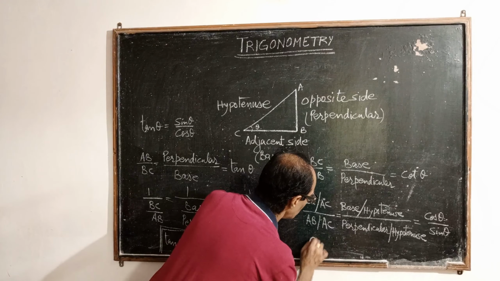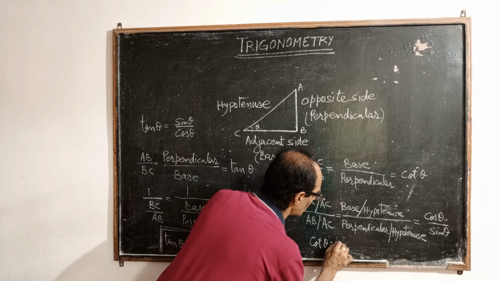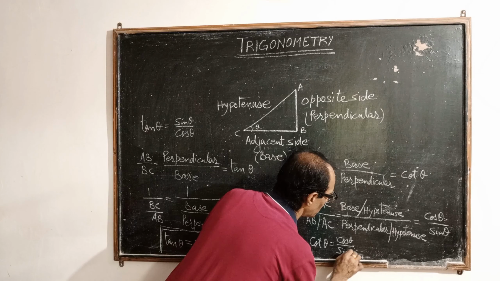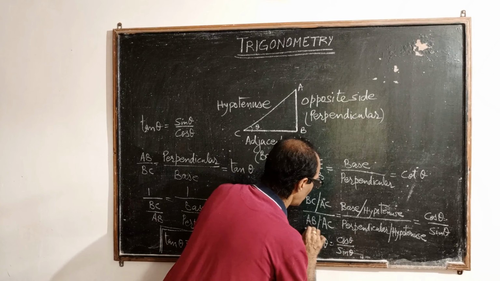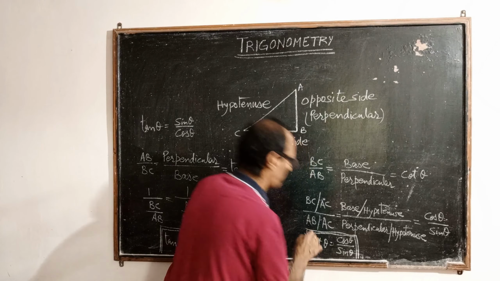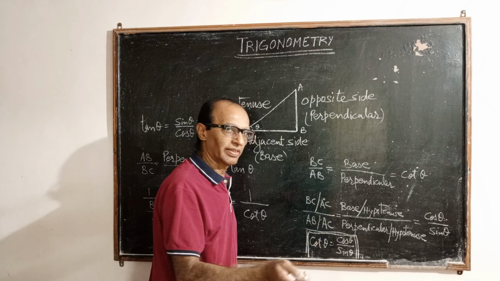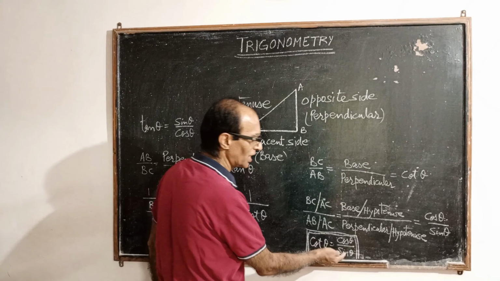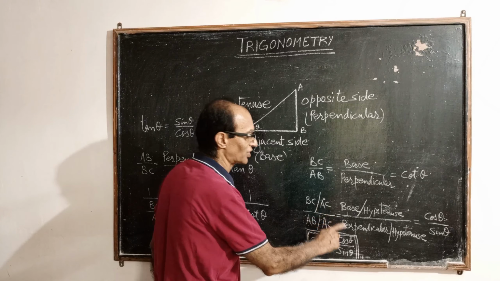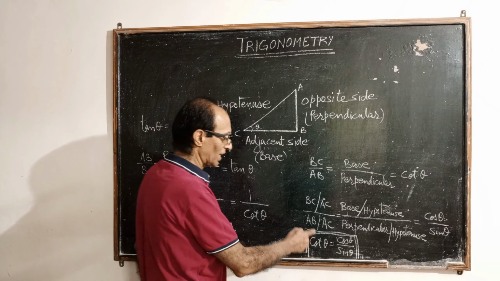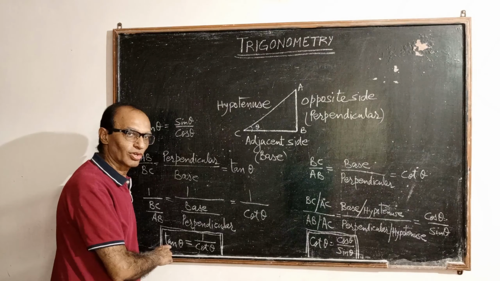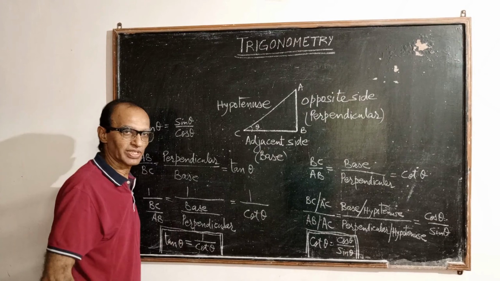So here we have cot theta equal to cos theta divided by sin theta. And remember that in the previous class we talked about sin theta upon cos theta being equal to tangent theta. That means it is just the reverse way around. Cot theta is the inverse of tangent theta and vice versa.